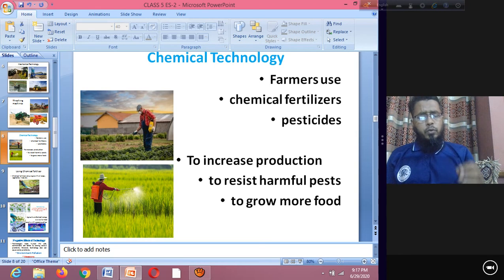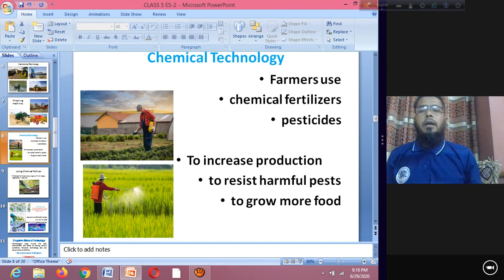Chemicals are used to resist harmful pests and weeds so that they cannot harm the crops. So with a view to growing more food, these chemicals are used. These are the good side of the chemicals. We also know later that there are some bad effects also.